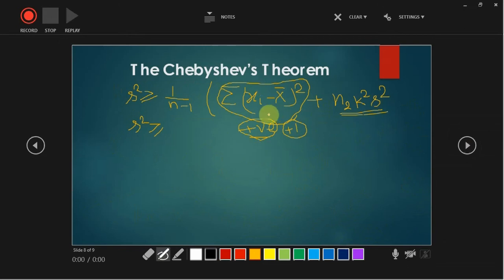So if we delete a positive number from here, the left hand side is already greater than or equal to the right hand side. Left hand side is always greater than or equal to right hand side. For example, 5 is already greater than or equal to 4 plus 1.